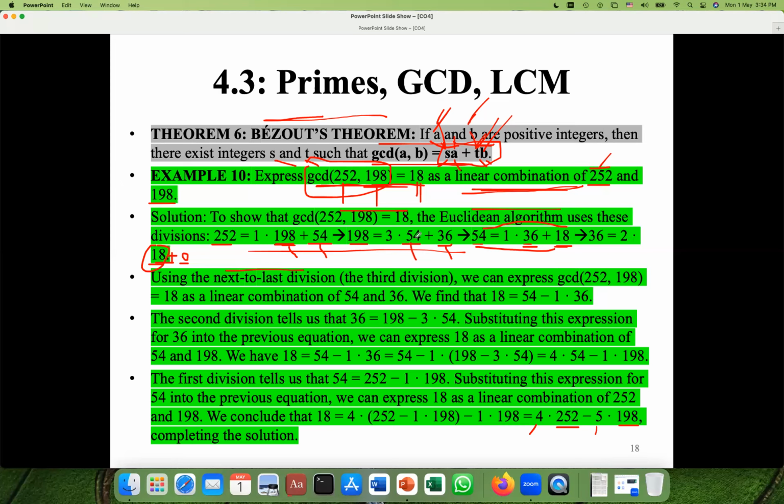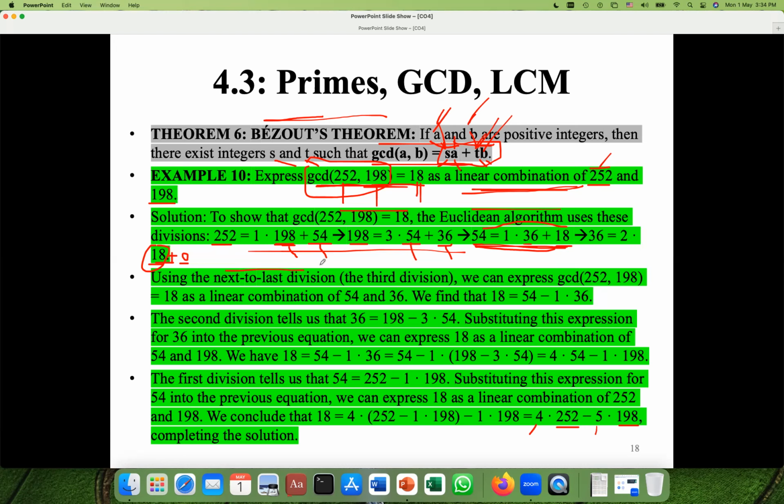So what you have to do is move using this step. We can say that all these steps are equivalent, and all these steps are for this GCD of 252 comma 198 is equal to 18.